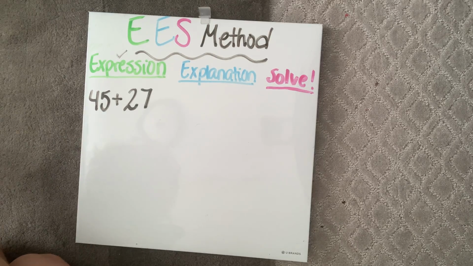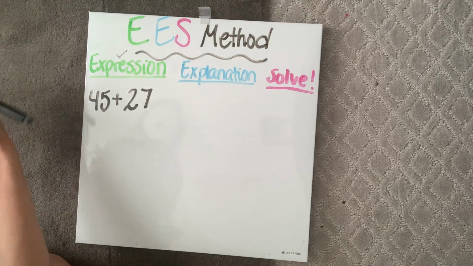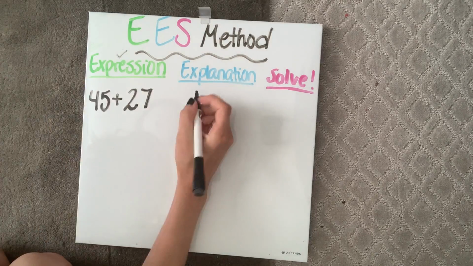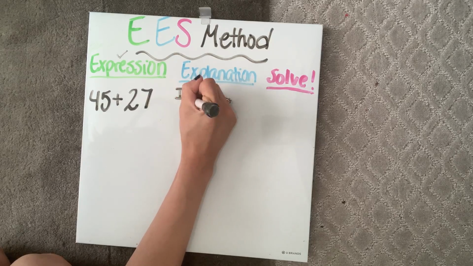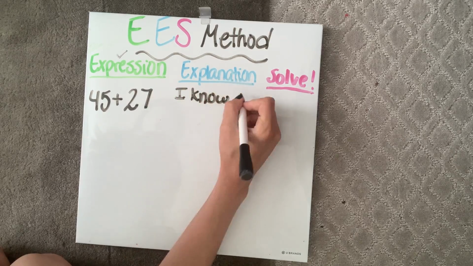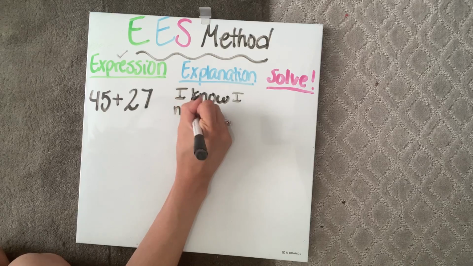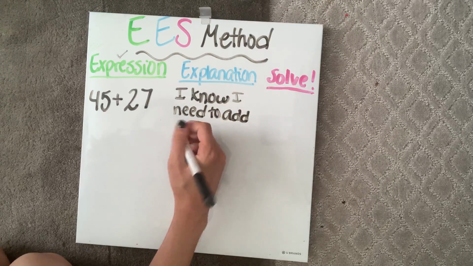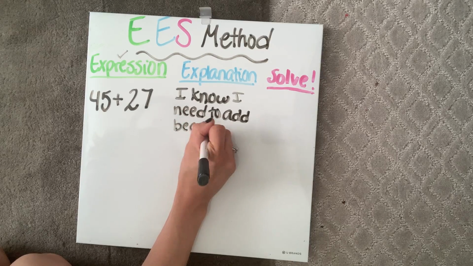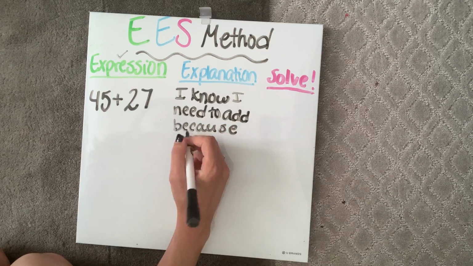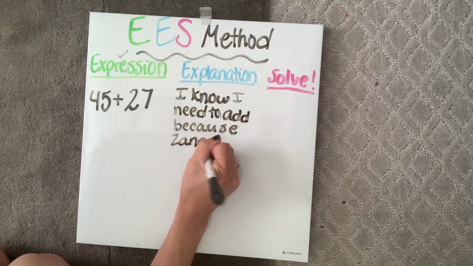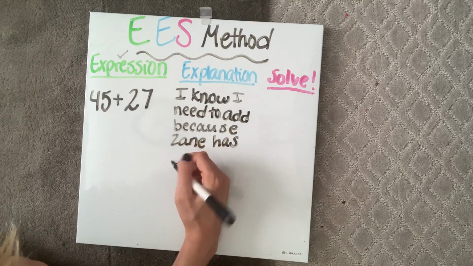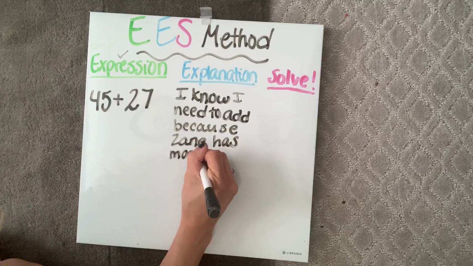Explanation. This is something that you can talk out or write out, but how do we know that we have to add? So you can put, I know I need to add because Zane has more.